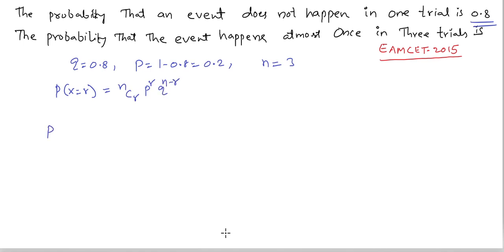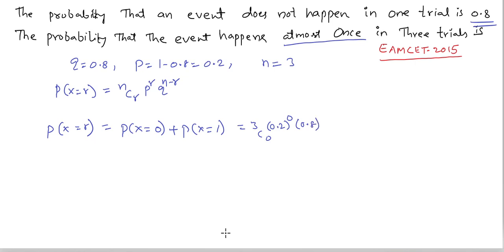Here it asks at most once, that means none plus one time, that is P(X=0) plus P(X=1). P(X=0) means 3C0 (0.2)^0 (0.8)^(3-0) plus 3C1 (0.2)^1 (0.8)^(3-1).